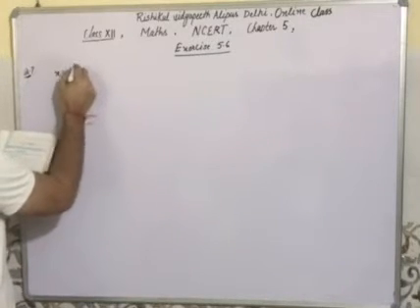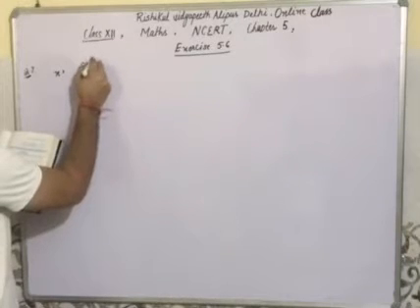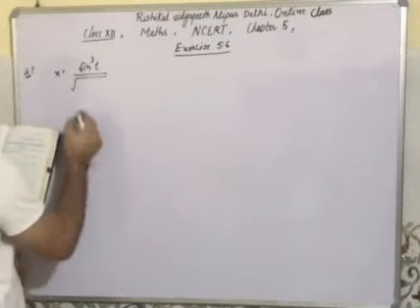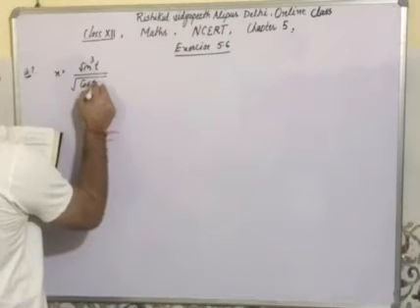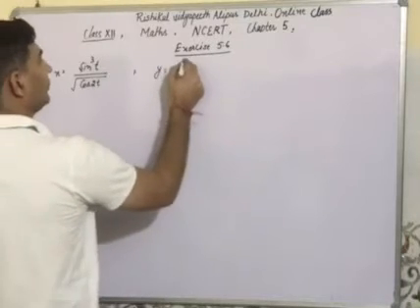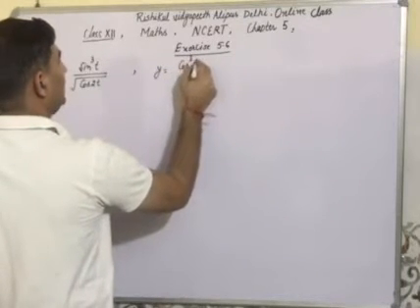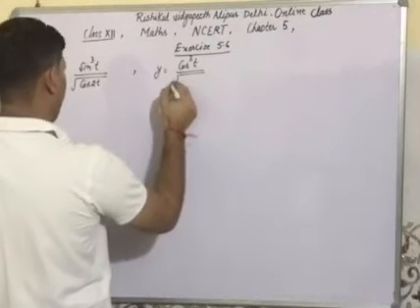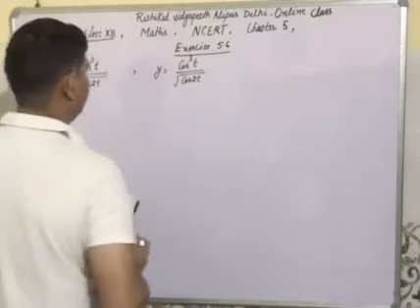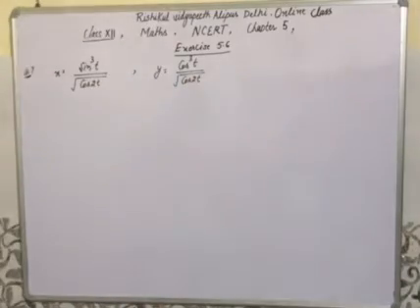x is equal to sin cube t upon square root of cos 2t, and y is equal to cos cube t upon square root of cos 2t. Then this term is in terms of u upon v, so use the quotient rule.